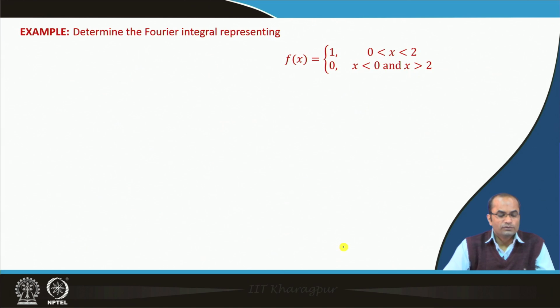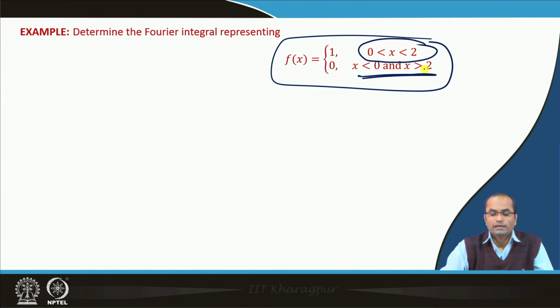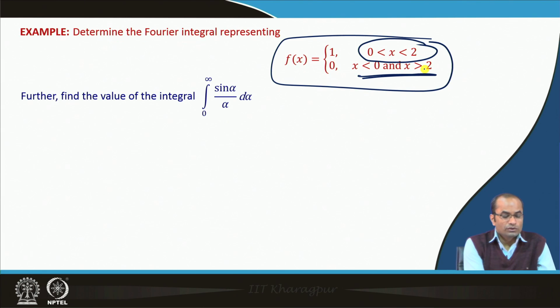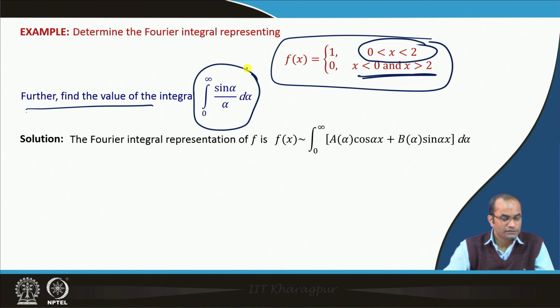Another example where we will determine the Fourier integral of this function, which is defined in 0 to 2 as 1, and in the rest, when x is less than 0 or x is greater than 2, the value is 0. Further, we want to find the value of this integral. Again the convergence result will be used to get the value of this integral.